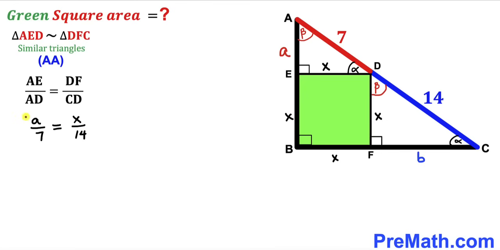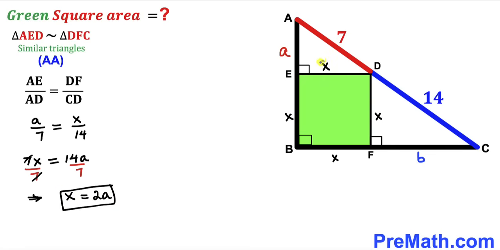Now I am going to cross multiply. We get 7 times x equals 14 times a. Then I divide both sides by 7 to isolate x. The 7 and 7 cancel, so our x value simply turns out to be 2 times a.